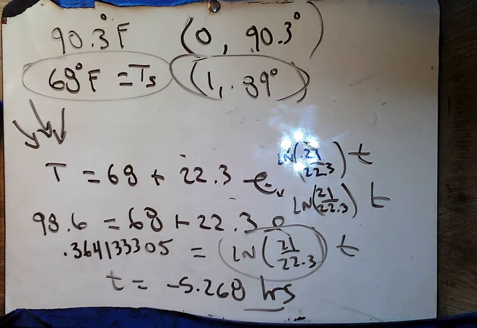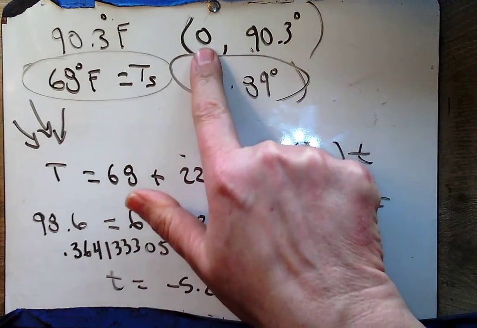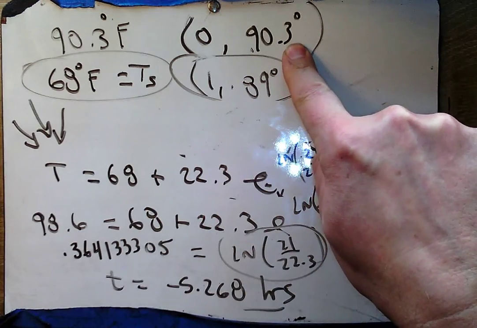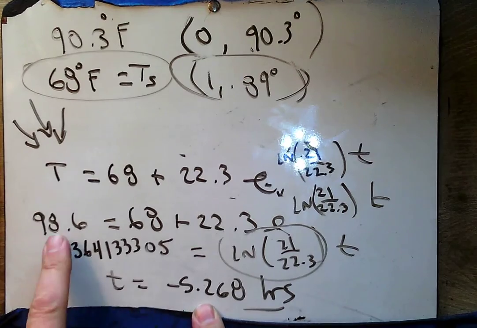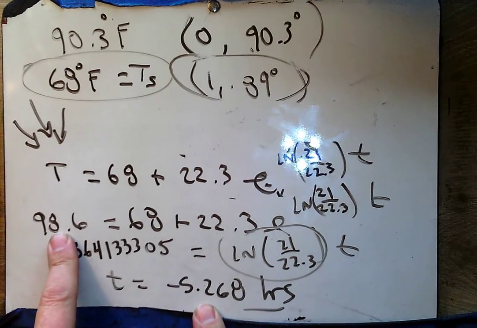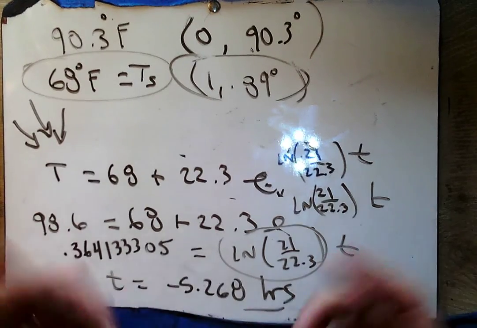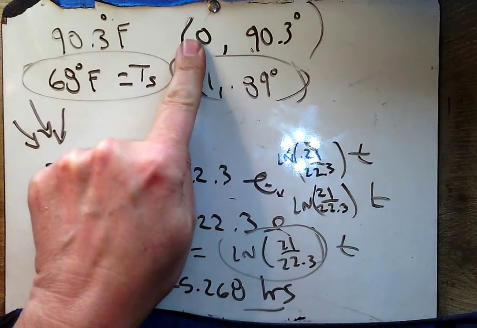What does that mean in the context of this problem? It means that if time equal to 0, the body at this temperature, that 5.268 hours ago, the body had a temperature of 98.6. When did the detective find the body? What was time equal to 0?